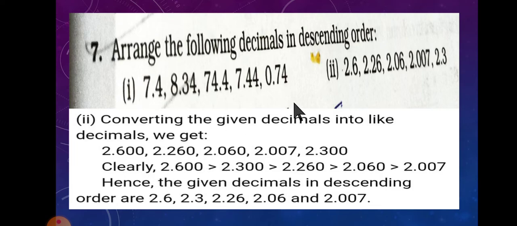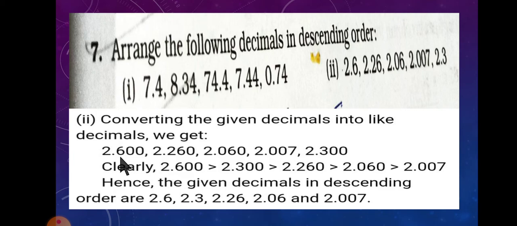Then first we see the whole number parts. In these numbers all the whole number parts are the same, all are 2 before the decimal. Then we compare from the tens place digit after the decimal.